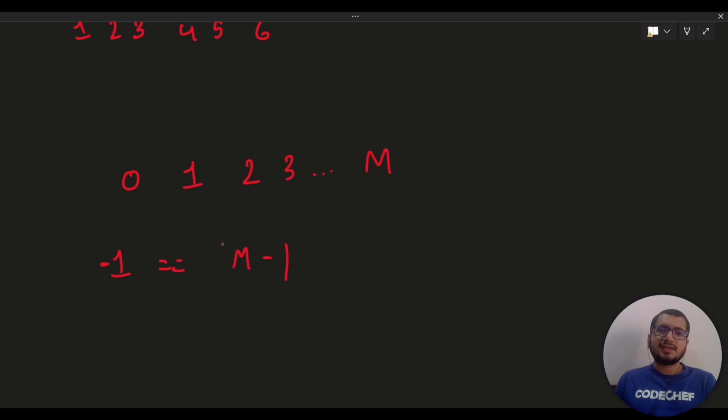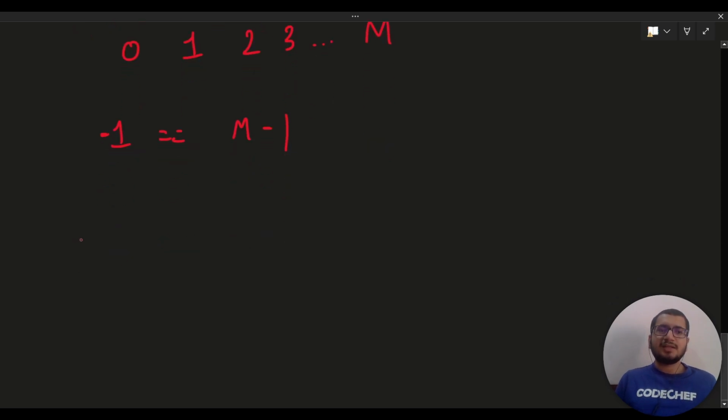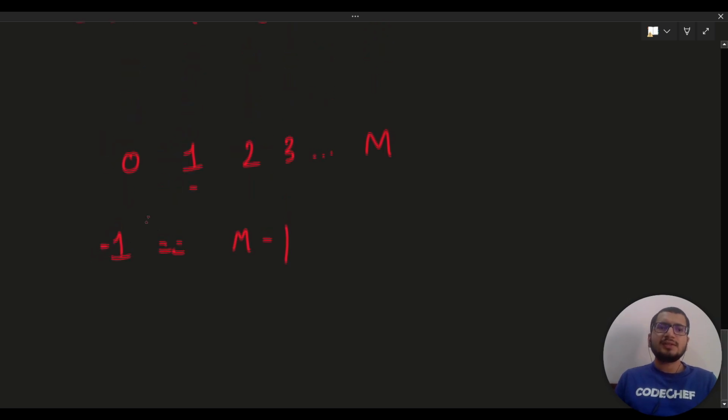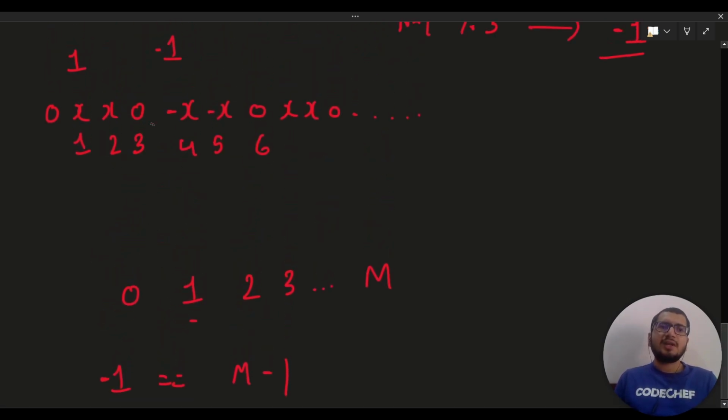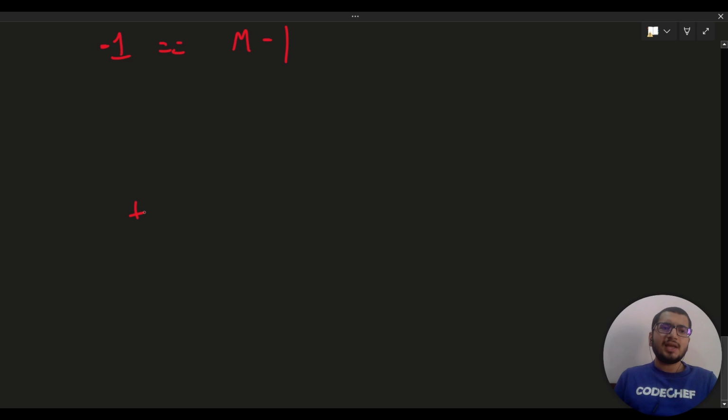Because in this case, x plus minus x gives us 0, and in this case, the first element, that is 1, and m minus 1 will give us m, that being the modulus with m will also give us 0. So we can consider this cyclic nature, and whenever we have a negative number, we can simply add m to it and then do a modulus.